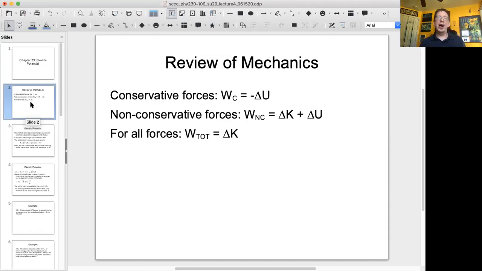And for all forces, the net work done by all forces is equal to the change in the object's kinetic energy. That is the work-energy theorem: the net work done by all the forces, whether they're conservative or non-conservative, is equal to the change in the object's kinetic energy.